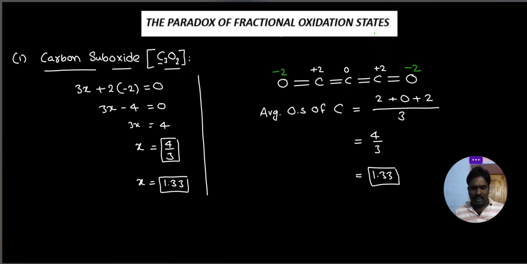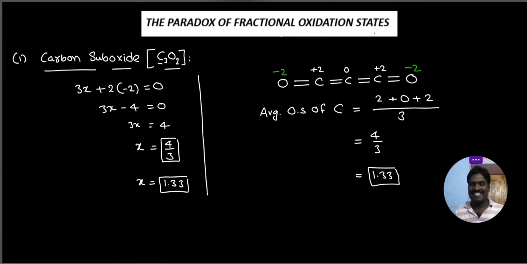You can ask one doubt. Sir, based on mathematics and based on structure, we are getting the same answer. Then what is the use of structure? So many times it is asked, particularly in NEET and JEE Main also. What are the oxidation states of the terminal carbon atoms in carbon suboxide? Plus 2 and plus 2.